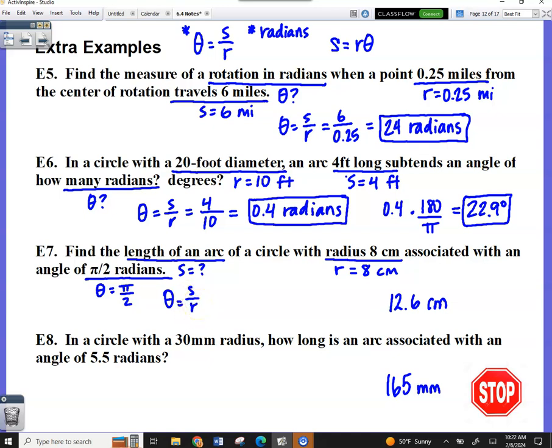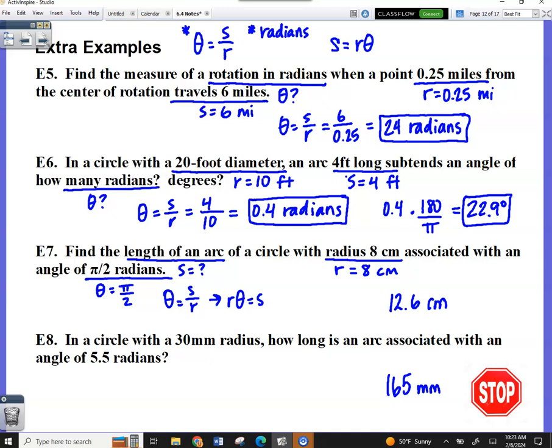Did you use theta equals S over R? Or did you use a different one? So I would write this and then I'd go to plug it in and I'd be like, well, no, wait a minute, if I plug it in, I don't have S by itself. So I'll cross multiply that theta up, and now I can see, okay, I'm just going to multiply R times theta.